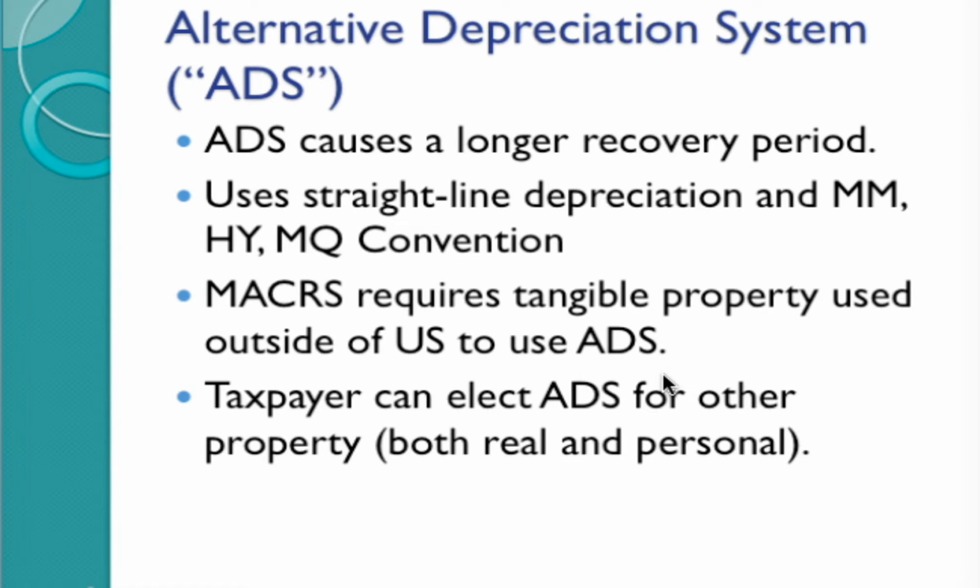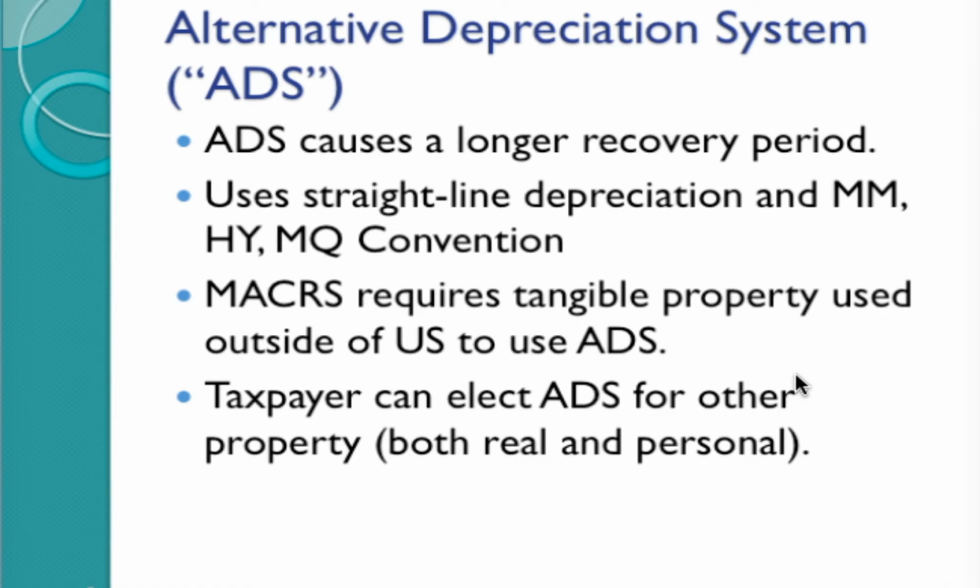So the alternative depreciation system is basically the longest cost recovery system available. It uses straight line depreciation and either the mid-month, half-year, or mid-quarter convention. Convention selection is made the same way that it would be under the regular MACRS system. MACRS requires tangible property used outside of the U.S. to be depreciated under this ADS system.